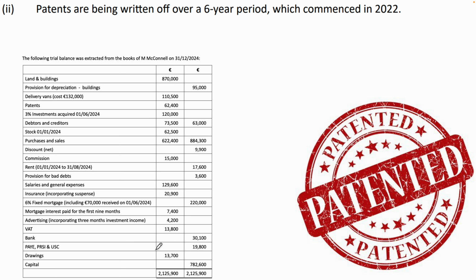Second adjustment is patents are being written off over a 6-year period which commenced in 2022. So it's important to note that we are doing the books for the 31st of the 12th, 2024. That means that the patent started to be written off in 2022.